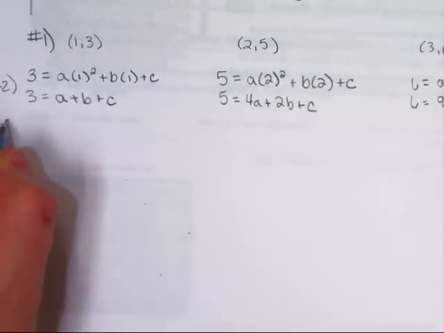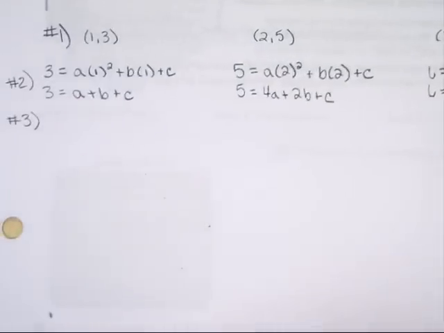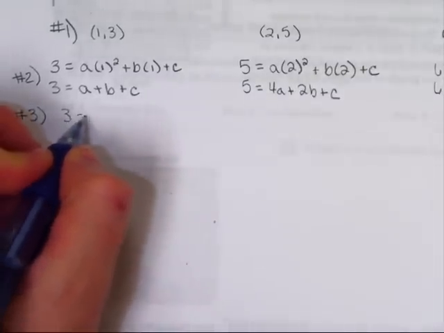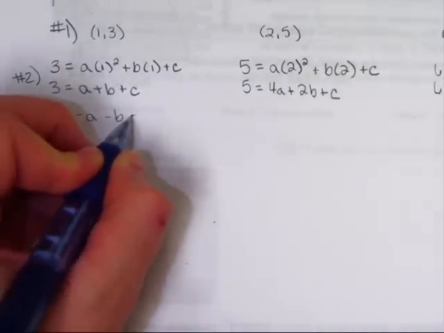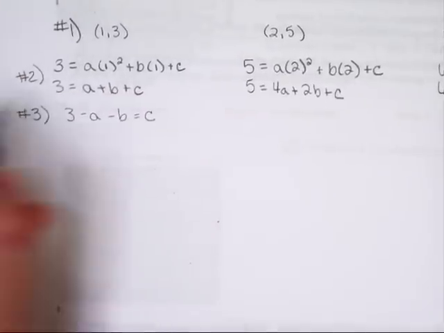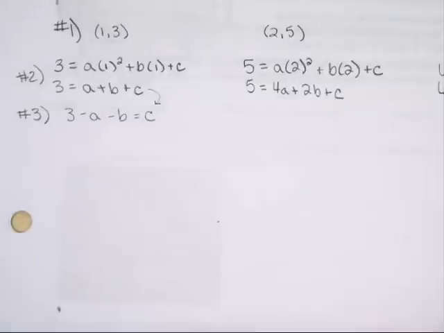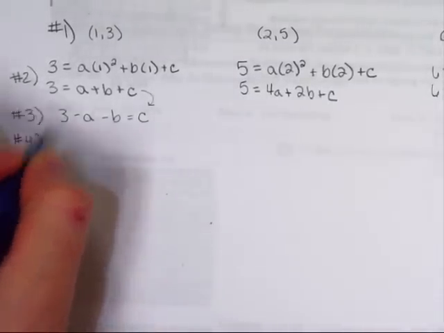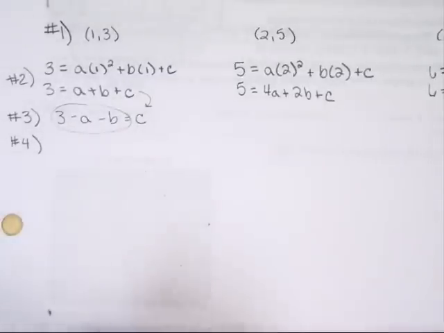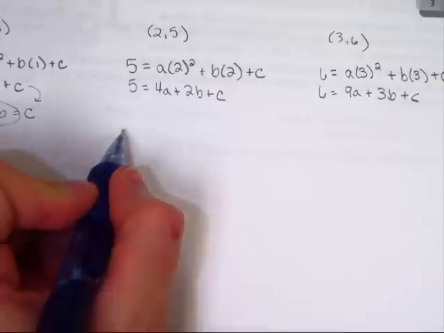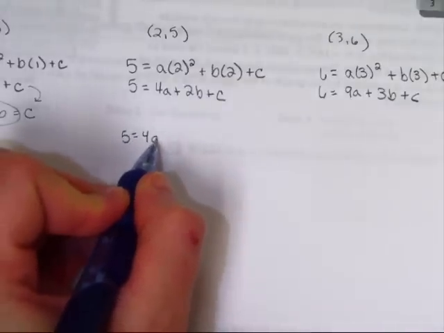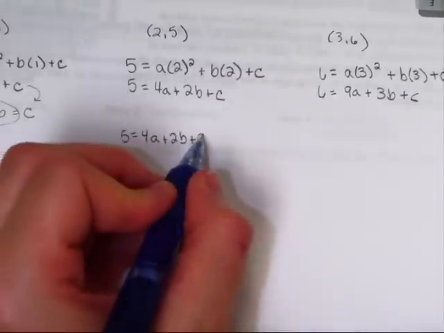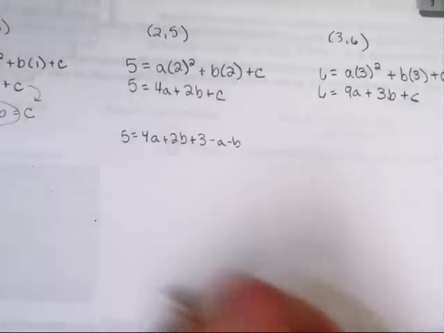Step number 3. I'm going to take my first equation and solve it for the letter c. 3 minus a minus b equals c. Step 4: take what I just got and plug it into the 2 other equations. 5 equals 4a plus 2b plus, not c anymore, 3 minus a minus b.